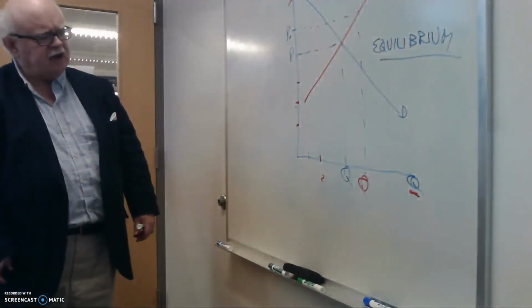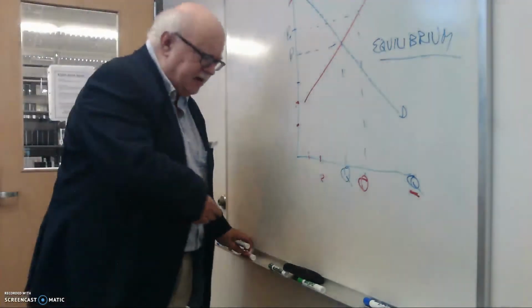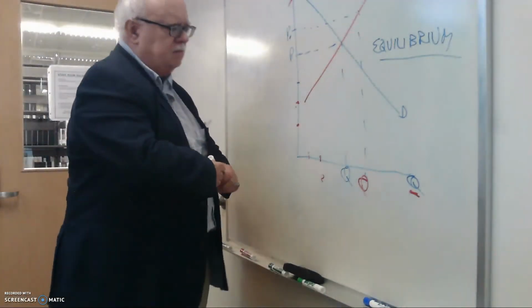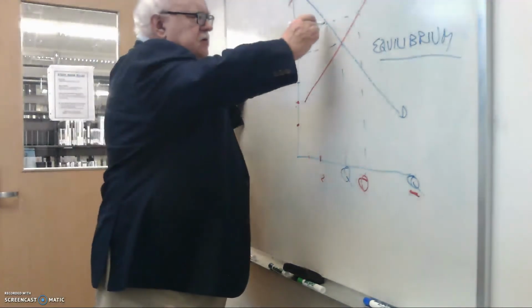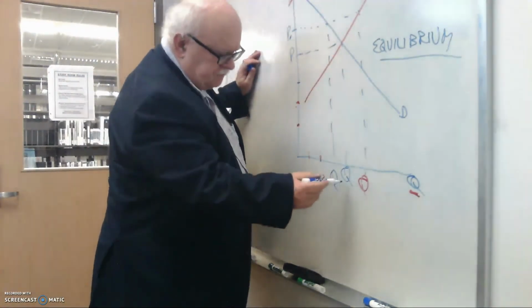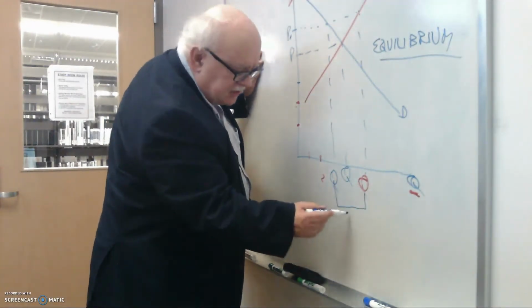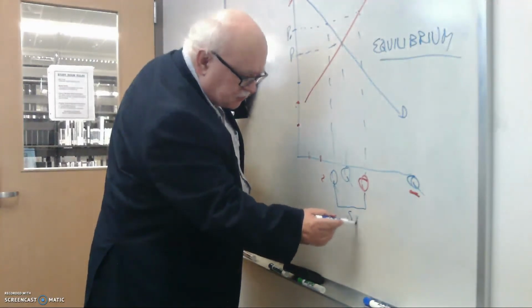Well, at that higher price, people don't want to buy as much as they put on the market. They'll buy less. So the people will only buy this much. Okay? So this much to here is a surplus, an unsold surplus.